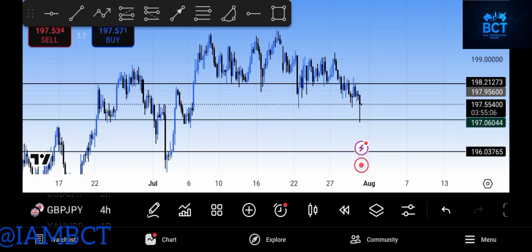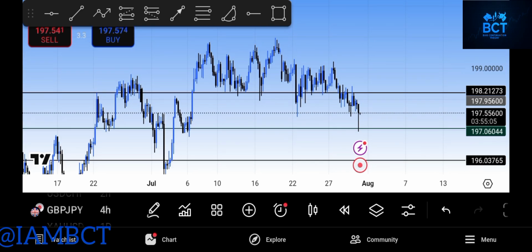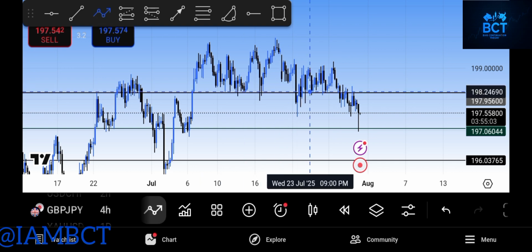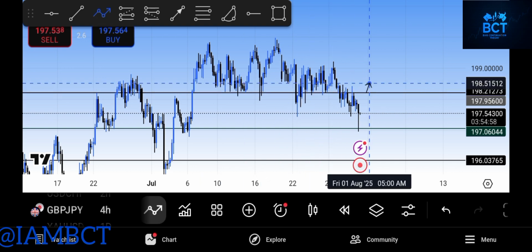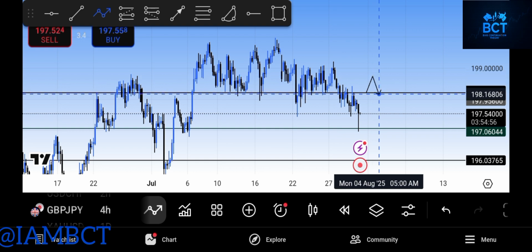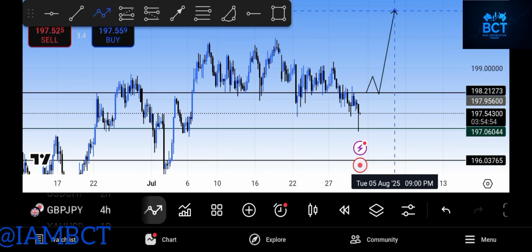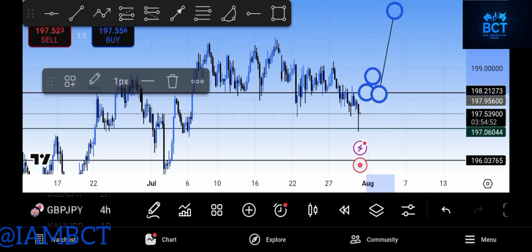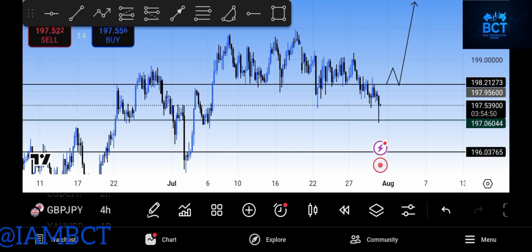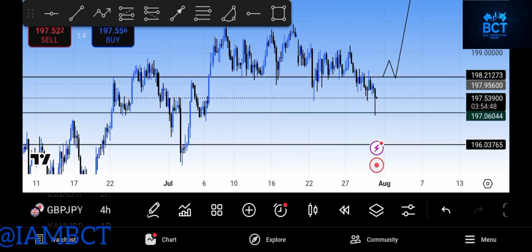So we should just expect price to close above this area. This is what we expect: price to close here with volume, then retest it back, and then we'll keep moving. So that is what it is going to be for us.